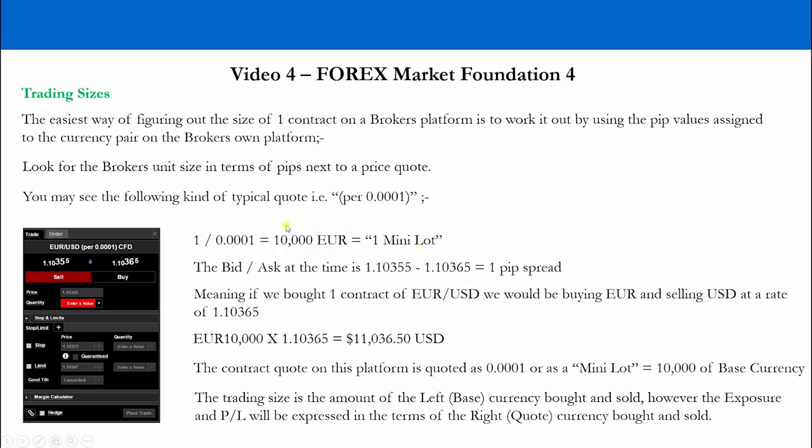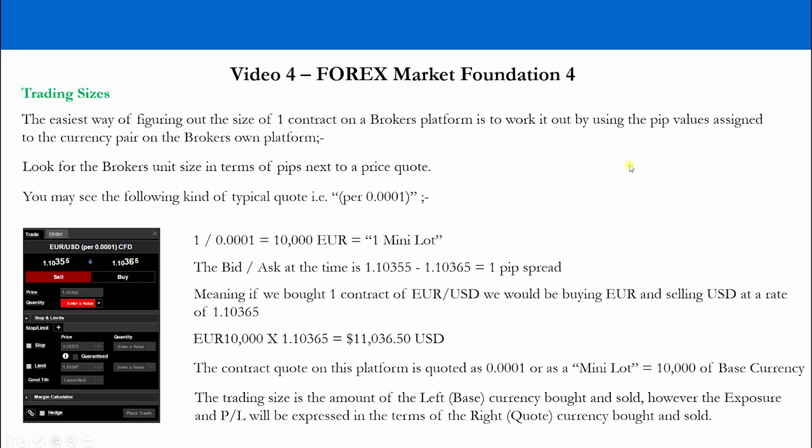And we know that 10,000 in the base currency is equal to 1 mini lot. The bid ask at the time in this situation was 1.0355 to 1.0365. So we basically have a 1 pip spread, and we're selling at this price and buying at this price. This is the quote.